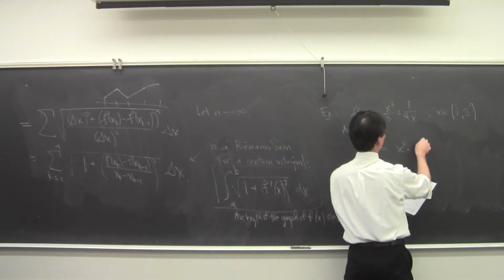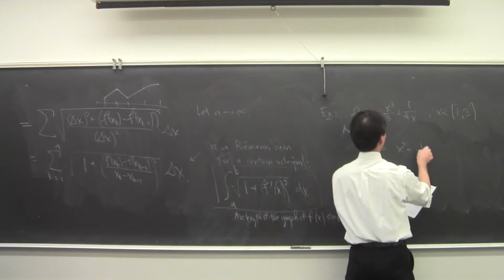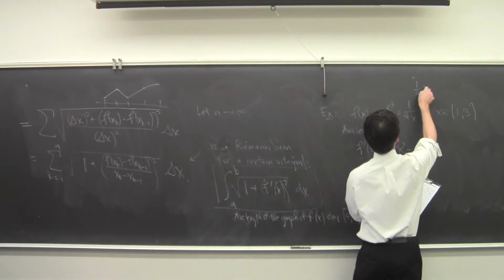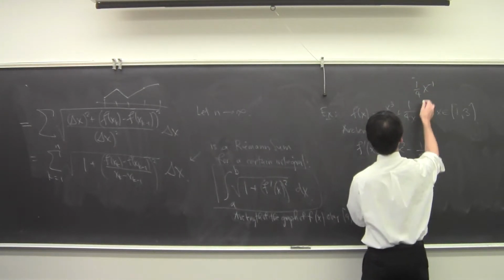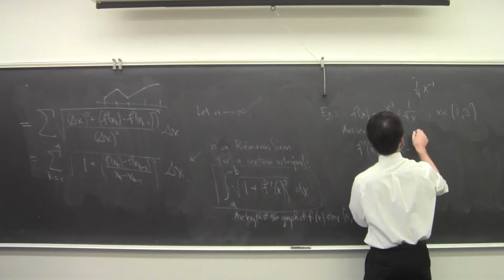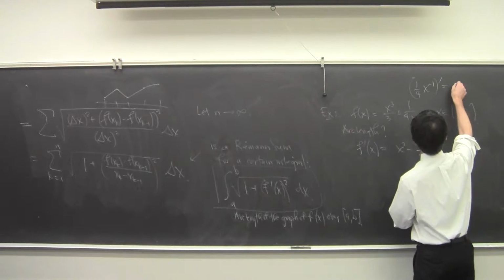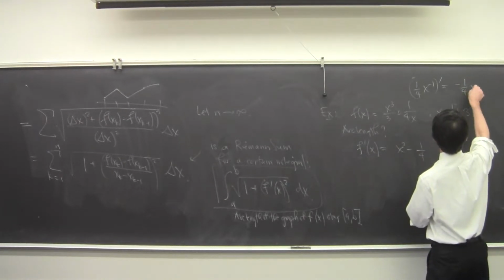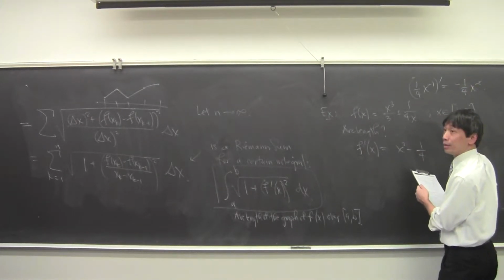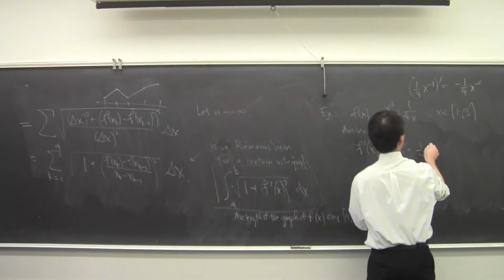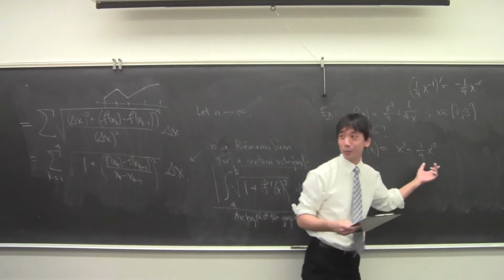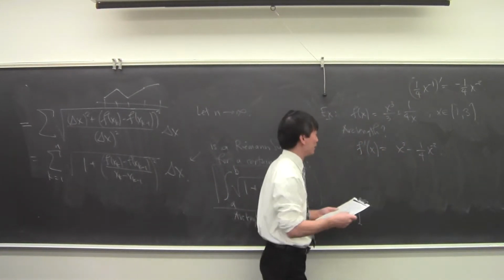It's just 1/4, I think, right? You've got 1/4 x to the negative 1. When you differentiate that, you get negative 1/4 x to the negative 2. Right? So negative 1/4. Oh, I see. You squared it already.